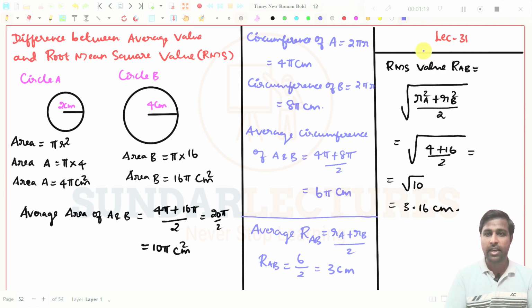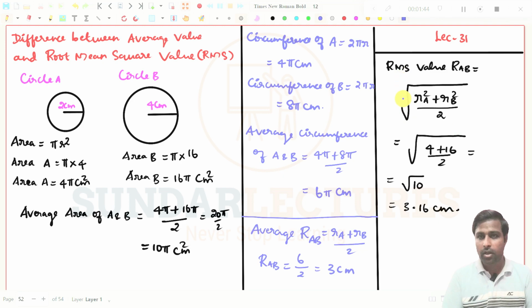The RMS value should be equal to the square root of the average of the squared values. The average is divided by 2 because the number of circles here is 2. If we had 3 different circles, we would have divided it by 3.